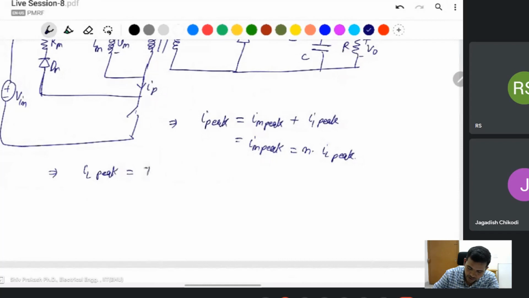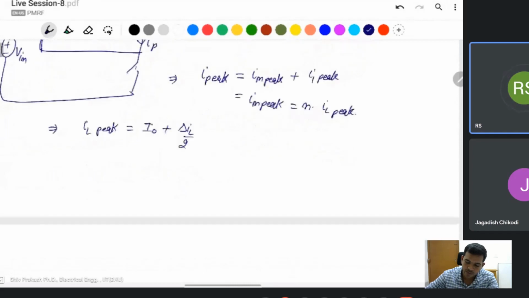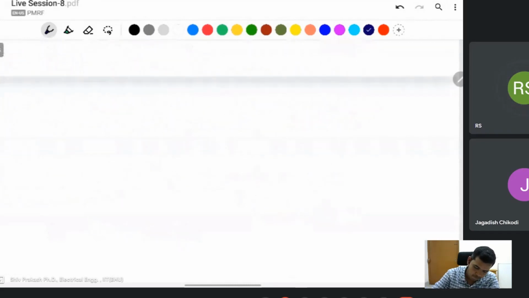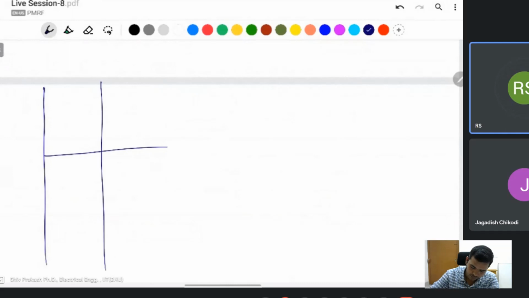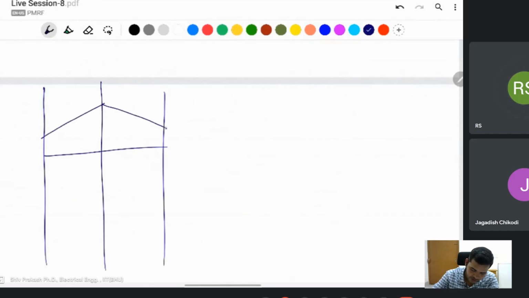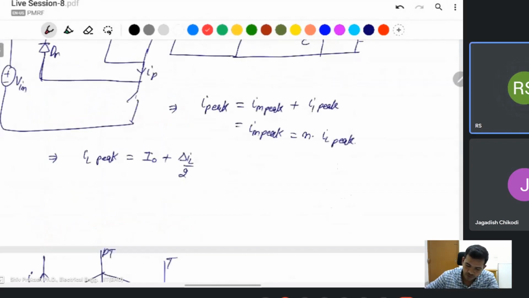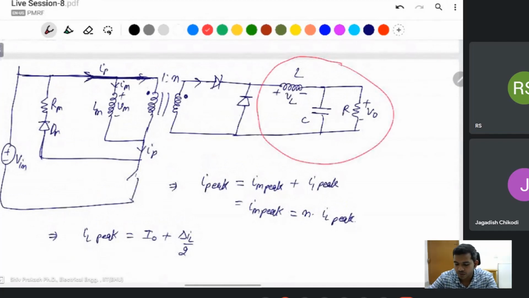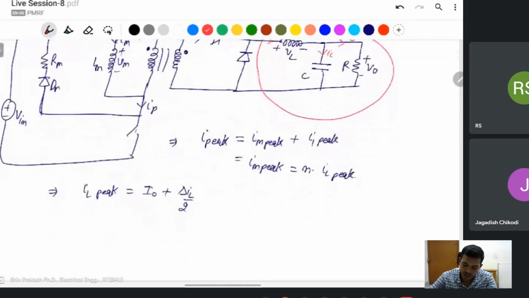IL peak is the same as I naught plus half delta IL, that is delta IL by 2, in a buck converter. This is the ripple current. Look here: this is IC, this is I naught, this is IL. The average of the capacitor current is 0, which means the average of the inductor current is the same as the average of the output current.